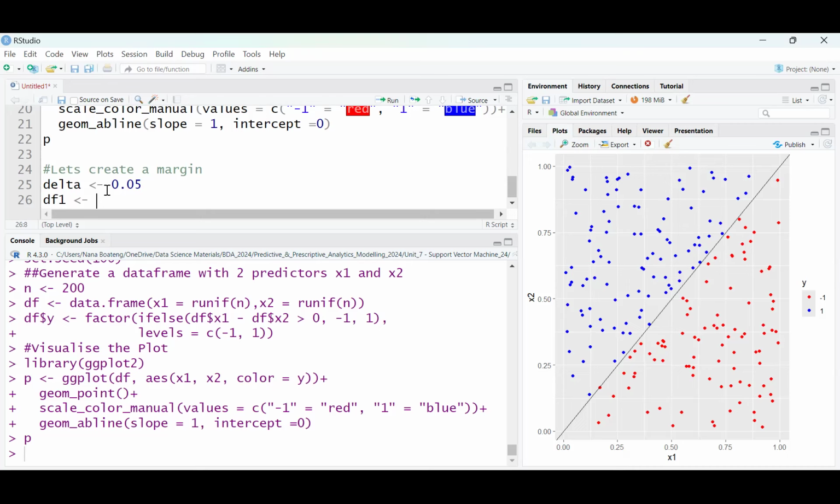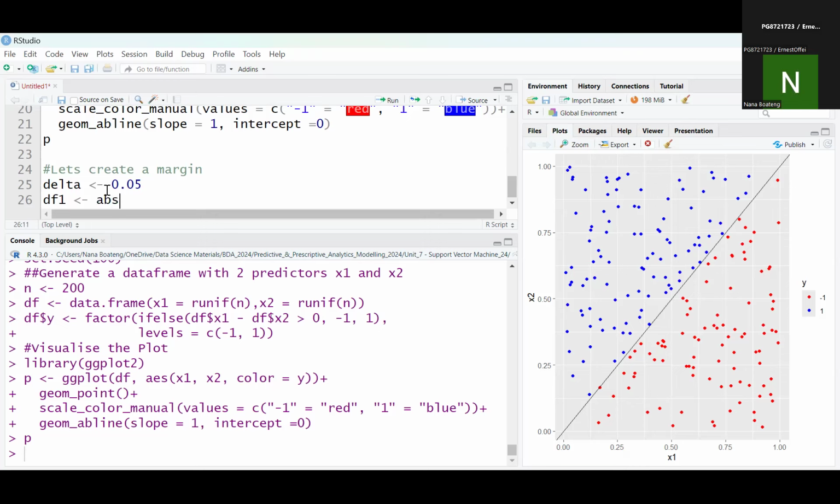So what we are doing is to take the difference between 1 and 2.